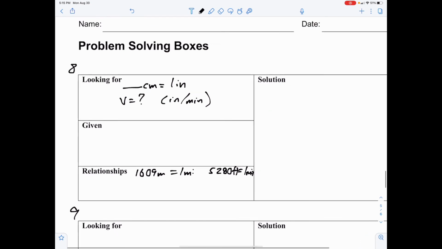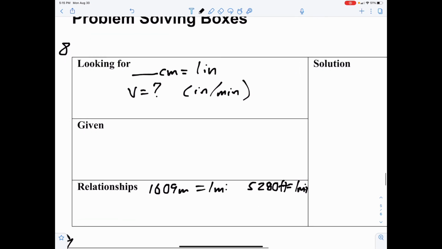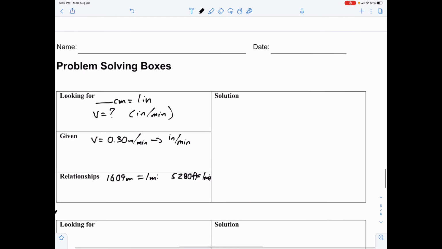And what we're basically going to do, we're given the speed is 0.30 meters per minute, but we're going to convert that into inches per minute. You'll see that in a second.